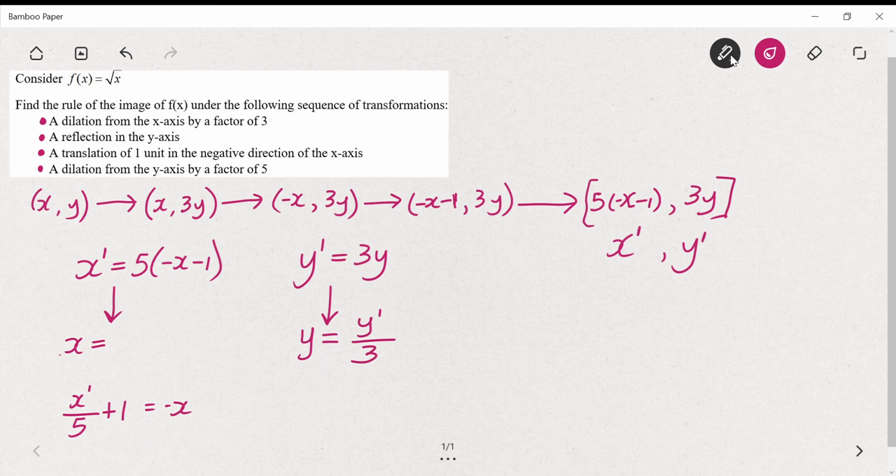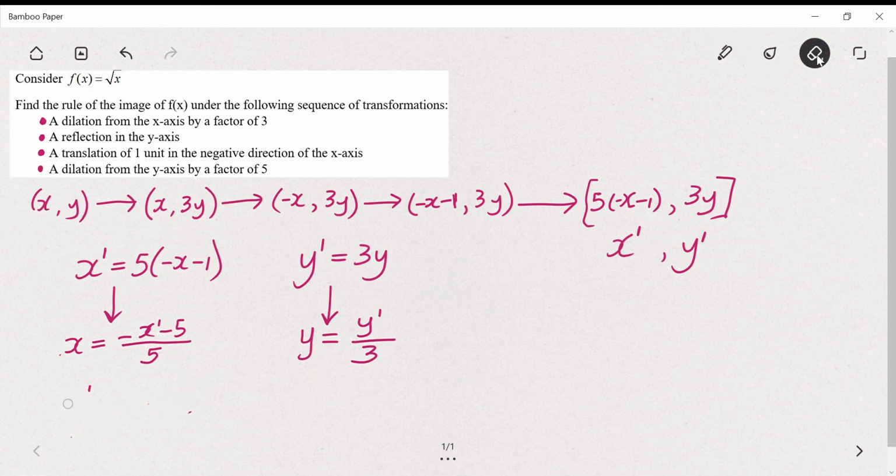It'll be minus of x prime minus 5 over 5, rather than just x prime plus 5 over 5, because that was a minus x. All right, so I've made each the subject of it. So y is equal to y prime on 3, and x is equal to minus x prime minus 5 on 5.